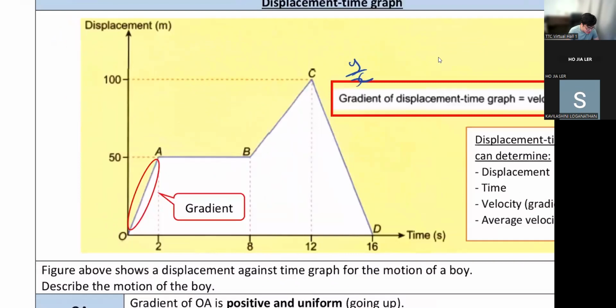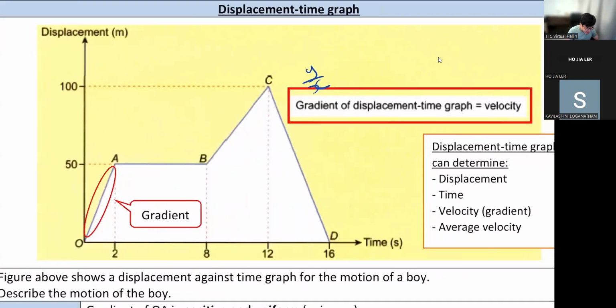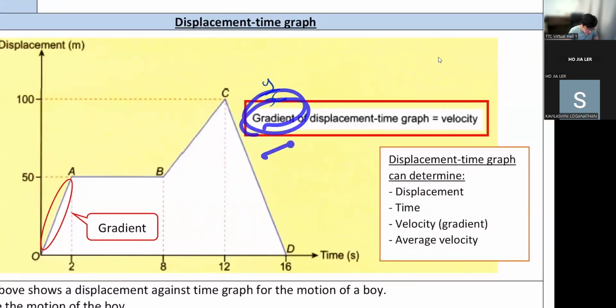So let's look at what happens in this graph. For the first 2 seconds, let's imagine this is a car. For the first 2 seconds, this is positive gradient. So positive gradient is positive velocity, right? So what does it mean by positive velocity?